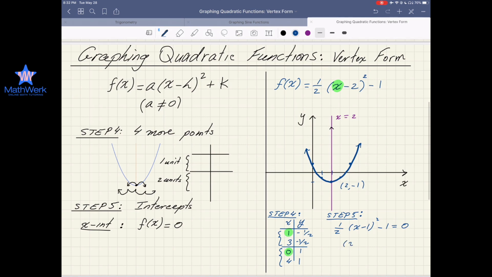So if you work this out, you get x minus 1 squared is equal to 2. Okay, so x minus 1 is equal to plus or minus square root of 2. And so x is equal to 1 plus or minus square root of 2.